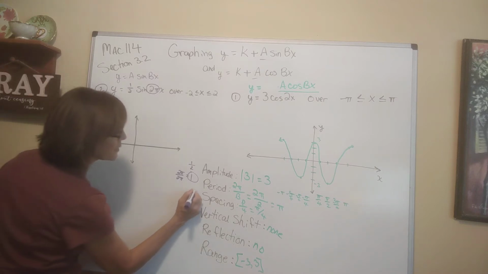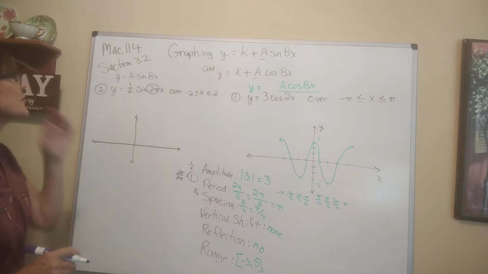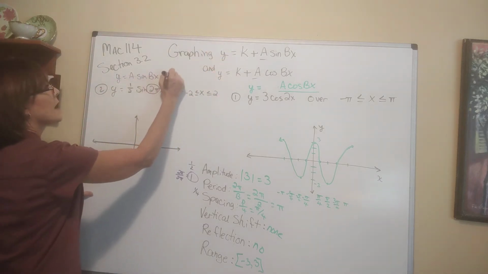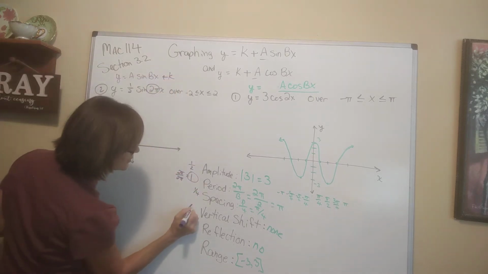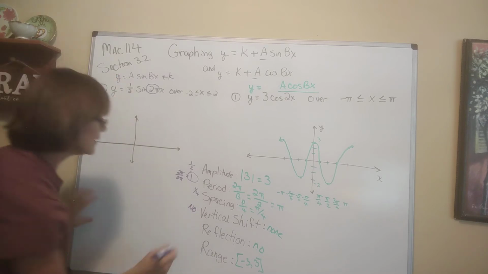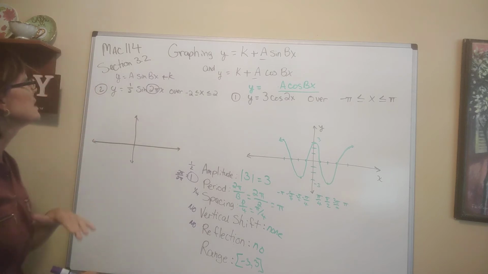The spacing will be the period 1 divided by 4. Is there a vertical shift? Do you see this little k somewhere on there, plus k? I do not. So that means k is 0. So this means that there's no vertical shift. Is a negative? No, that means there's no reflection. And then we'll put the range in at the end.